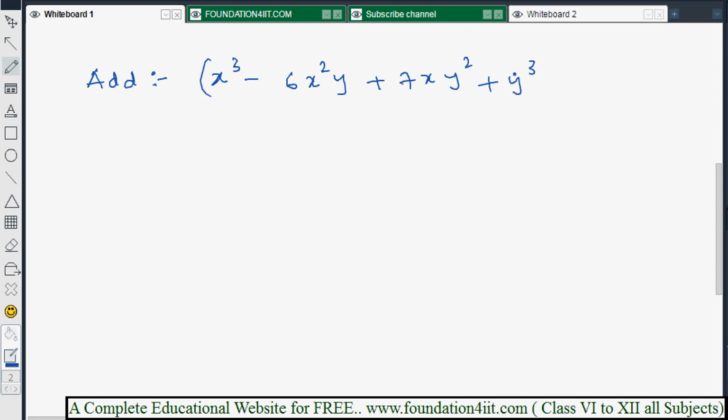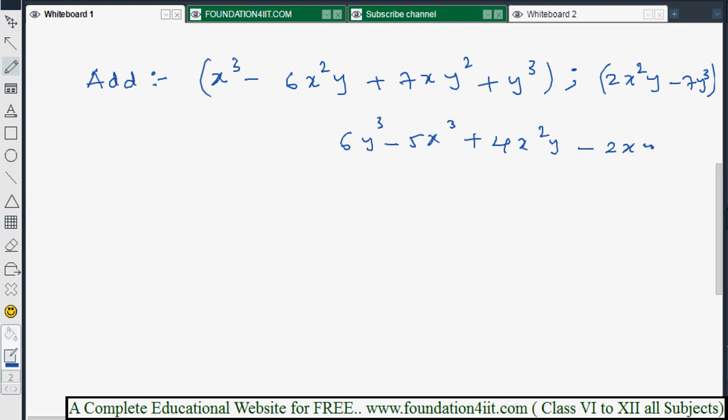This is the one polynomial, and we need to add to this 2x square y minus 7y cube. Second and third polynomials are given: 6y cube minus 5x cube plus 4x square y minus 2xy square.